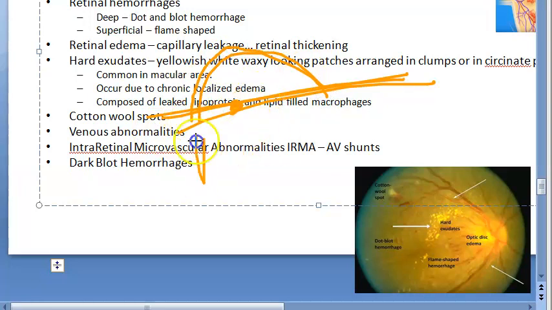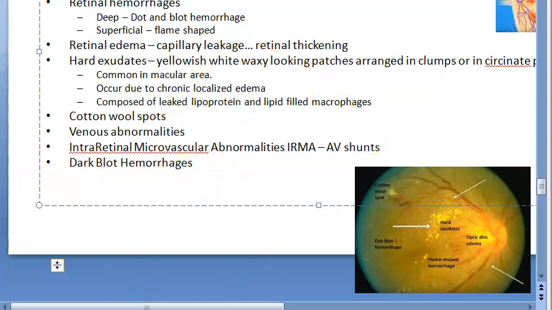AV shunt. So this is artery, this arteriole, venule. Because of the occlusion, there can be an AV shunt that develops. That is intraretinal microvascular abnormality. But this is not neovascularization. Neovascularization comes only in proliferative diabetic retinopathy. That's what you have to remember here.